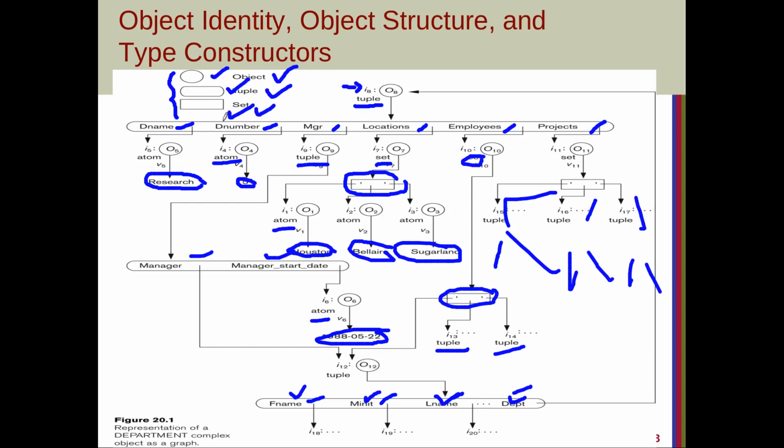So just understand these symbols, the object notations, object identifier, type constructor, and this V, which is used for representing the values that end at atomic values. That is why we give different value numbers. Different values are given just for identifying them as different values.